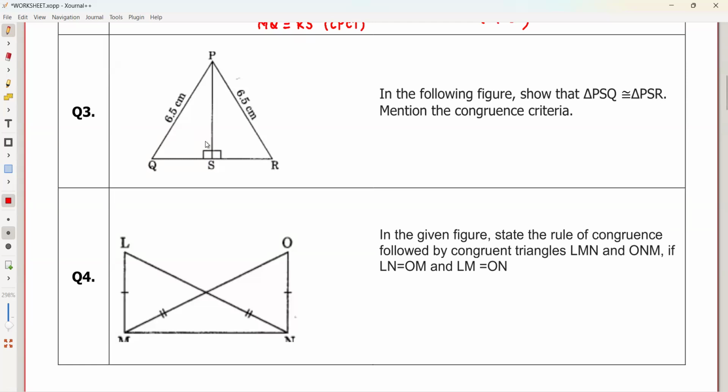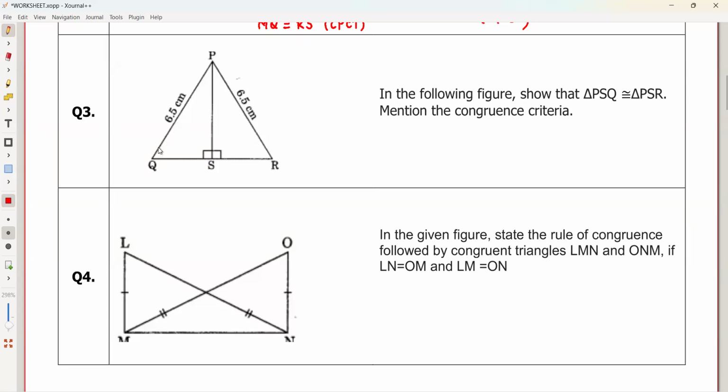Okay, which criteria can we use? Side, angle, side? Side, angle, angle?